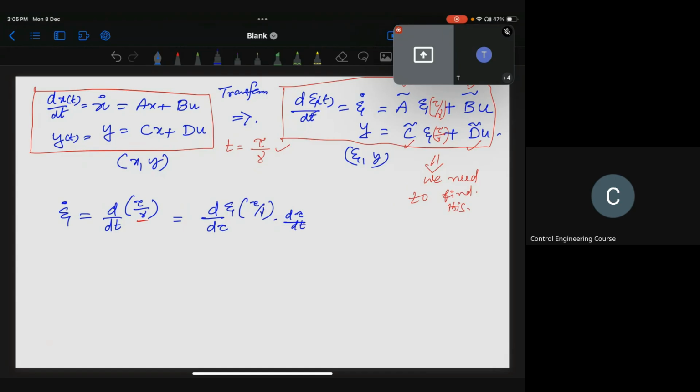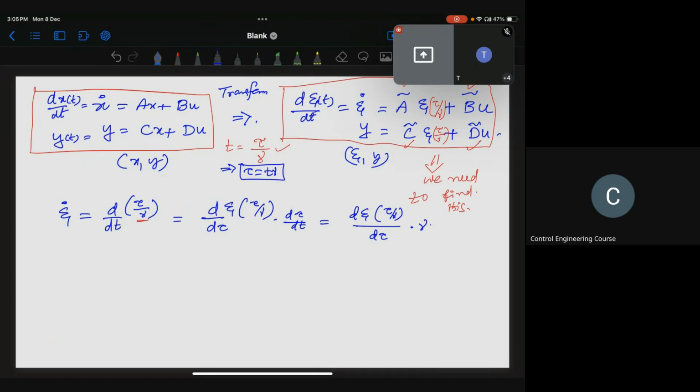Because you are doing it with respect to tau, d tau by dt here will be gamma, because tau is equal to t gamma.